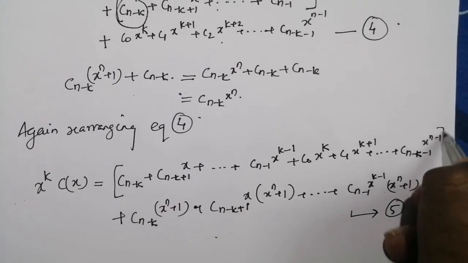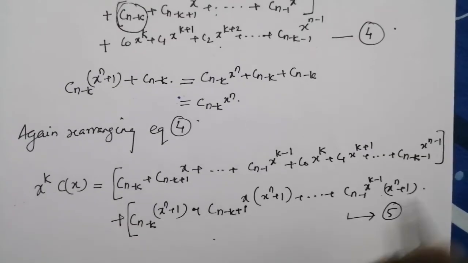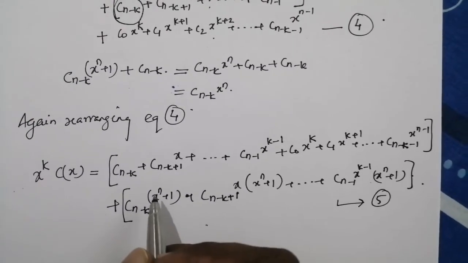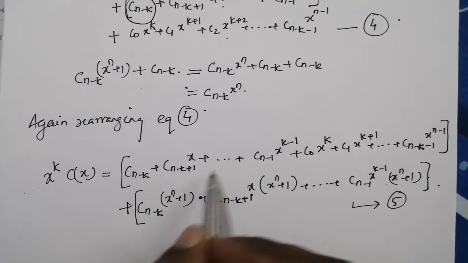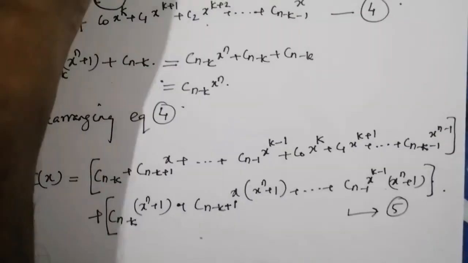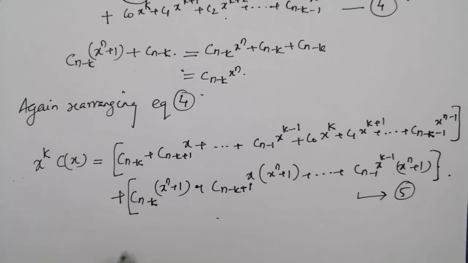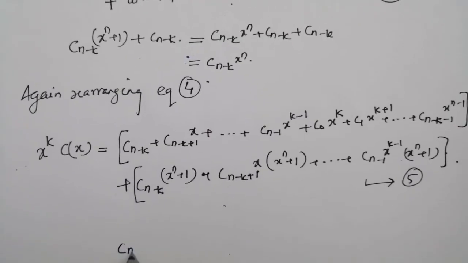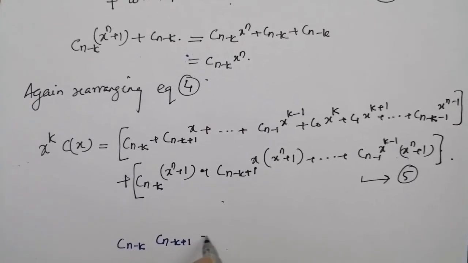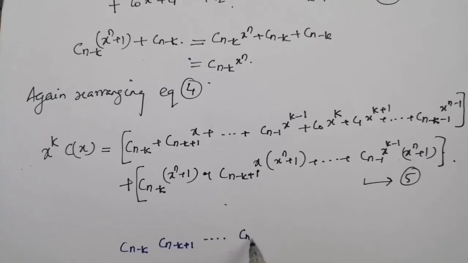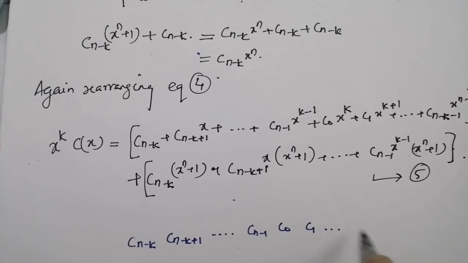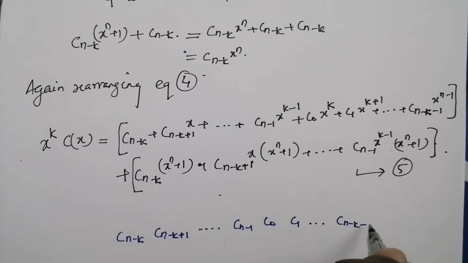So first bracket, second bracket. Okay. Now if you look at the coefficients of the polynomial in the first bracket, have you seen this polynomial somewhere else? So I just write the coefficients here: cn minus k, cn minus k plus 1 etc., cn minus 1, c0, c1 etc., cn minus k minus 1.